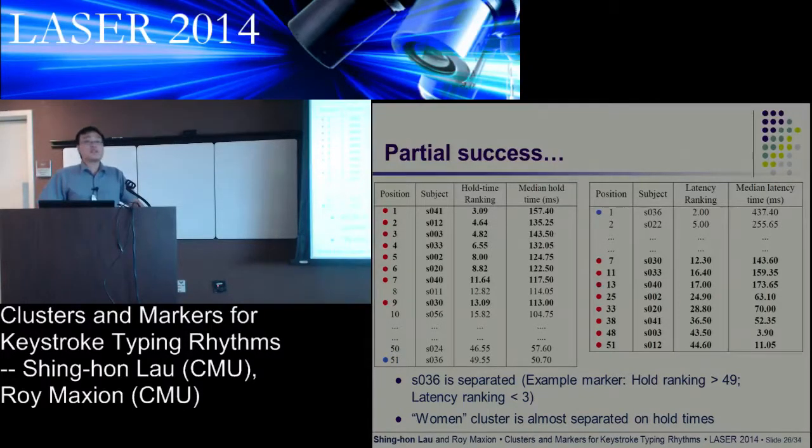Subject 11 is not part of the cluster, but there's no way to exclude 11 from the cluster while also including 30. So I can't find a perfect discriminator. And if I look at the latencies, even though these rows are adjacent in the table, if you look at the actual position numbers, they're scattered all over the place. So I don't quite have the success I wanted.